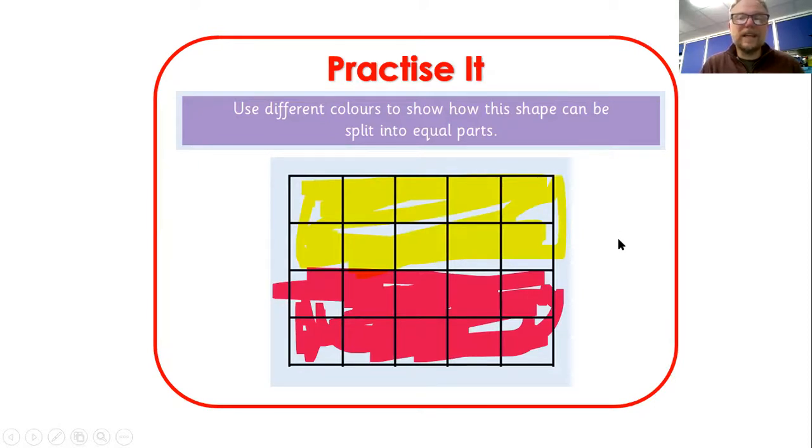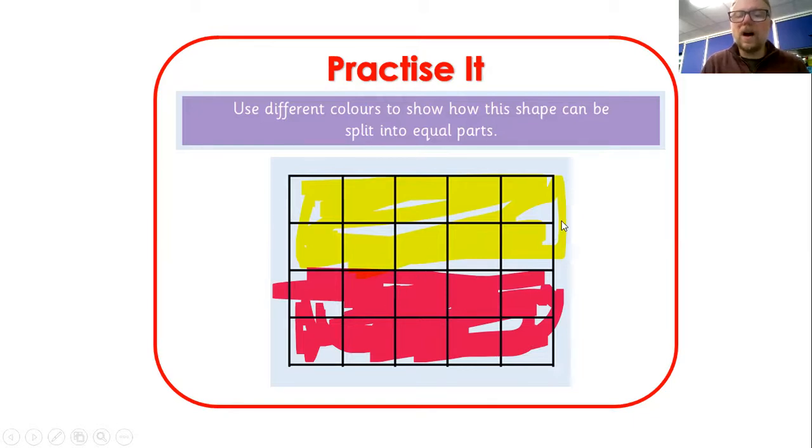Now, I hope you're colouring in neater than mine, but I was trying to use a highlighter on the computer screen, and that never comes out particularly neat. I wonder if you coloured in yours like mine. I have got 2 whole rows coloured in yellow and 2 whole rows coloured in pink. So I have got 2 equal parts that should be the same size.